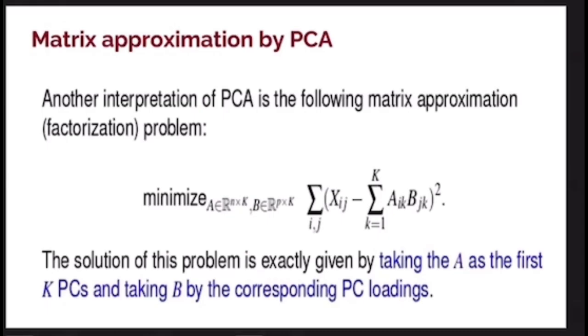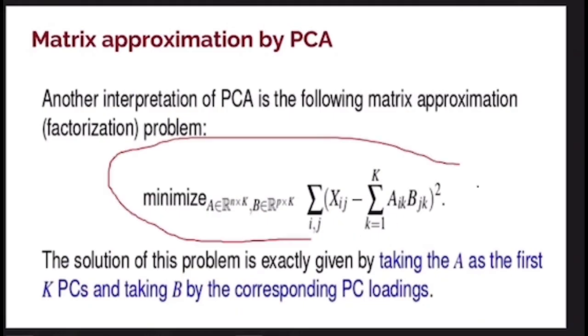I have a data matrix X, and I partition it into A and B. Don't forget, A contains the K principal components, and B contains the corresponding loadings. Of course, if I multiply the smaller matrices together, there's always going to be a gap when I compare with the original matrix. And what you are seeing right now is how we minimize the sum of squared distances.